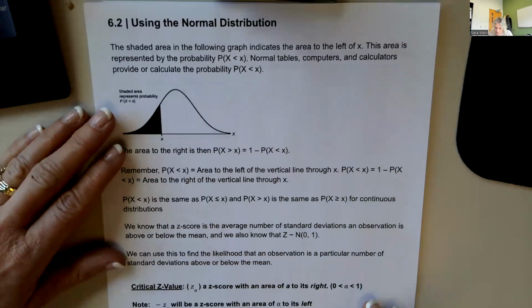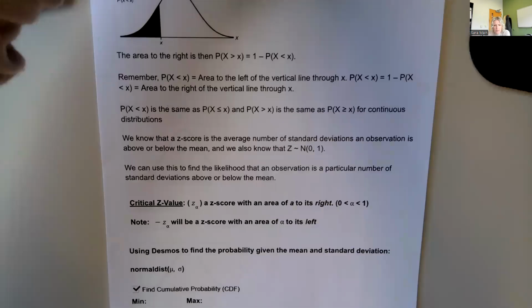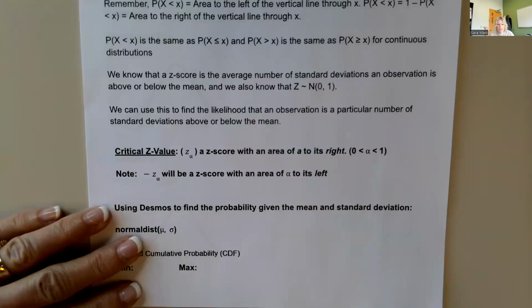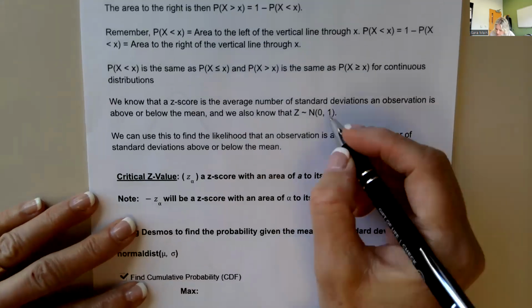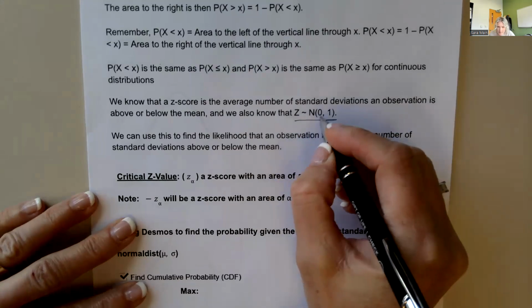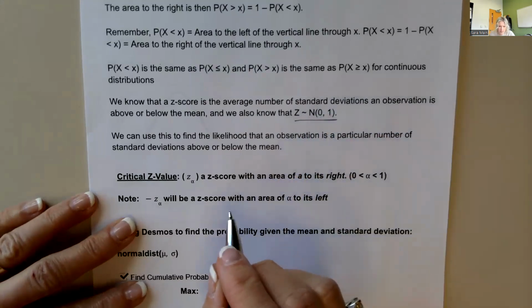Okay. So we're going to first look at probabilities of a normal curve using the z-score, where the mean is 0 and the standard deviation is 1 for a z.